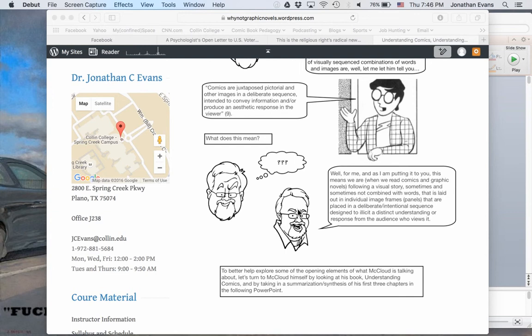Well, for me, to put it to you like this means that when we read comics and graphic novels, we are following a visual story, sometimes combined with words and sometimes not, that is laid out in individual frames, panels, that are placed in a deliberate, intentional sequence designed to elicit a distinct understanding or response from an audience who views it.